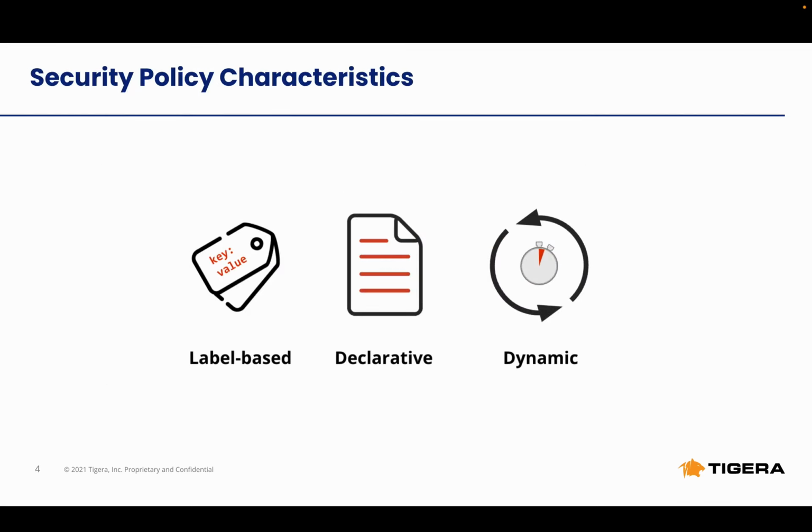All right. So if you look at the characteristics of a policy in Kubernetes, policies are label based. They are declarative and they are dynamic. So we use labels to identify the workloads that we want to secure using policies. So policies are workload identity based.